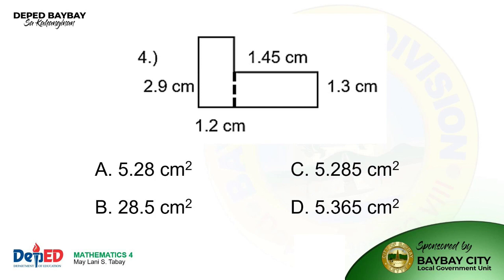Number 4. A. 5.28 centimeters squared. B. 28.5 centimeters squared. C. 5.285 centimeters squared.